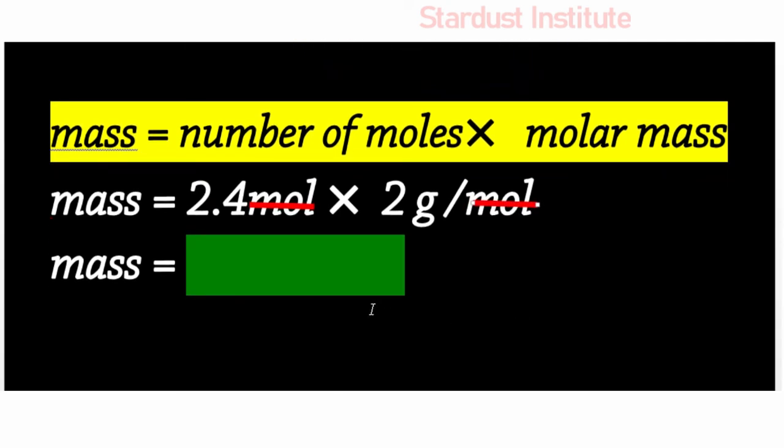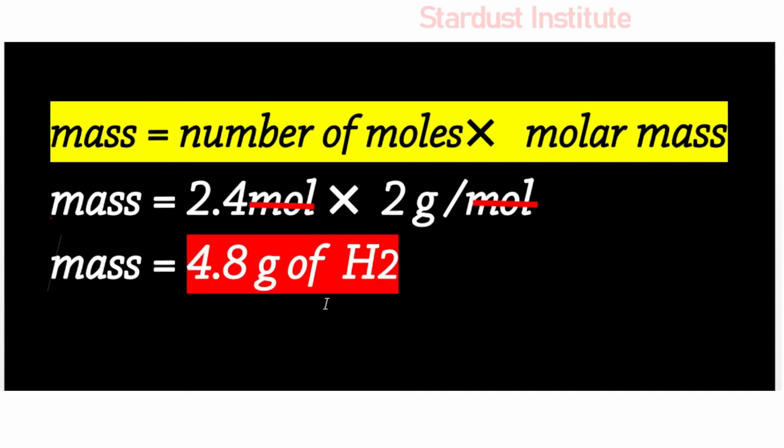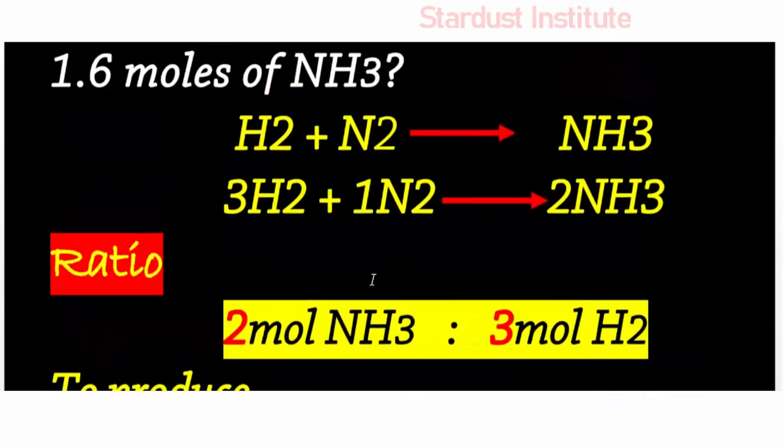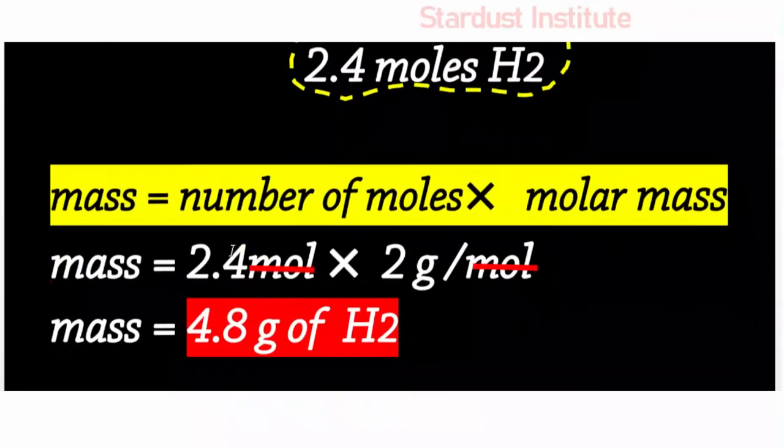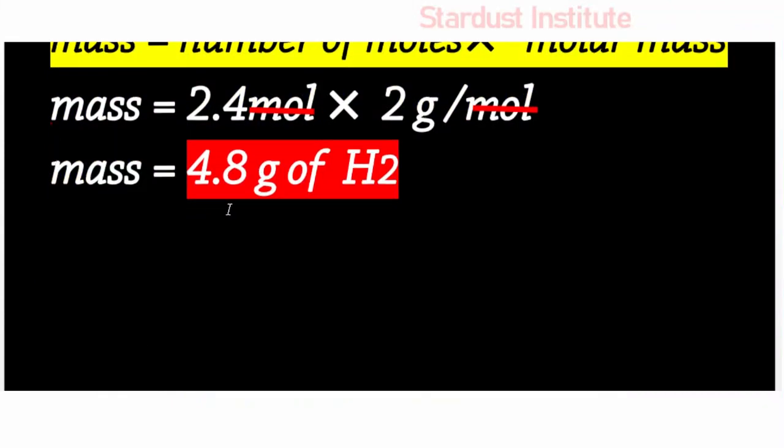Then we get our answer: mass in grams, 4.8 grams of H2. To produce 1.6 moles of ammonia, 4.8 grams of H2 are required.